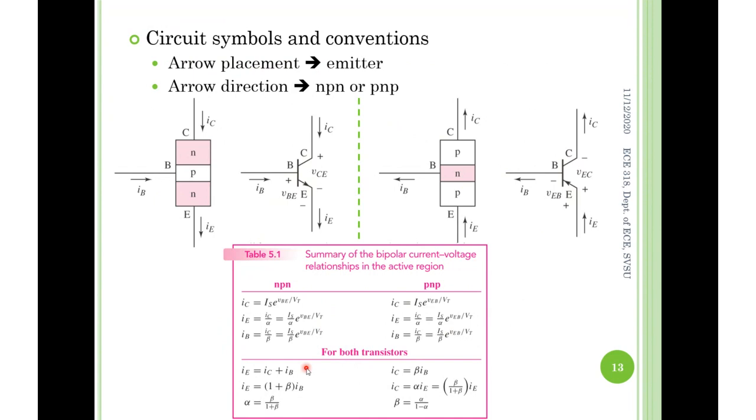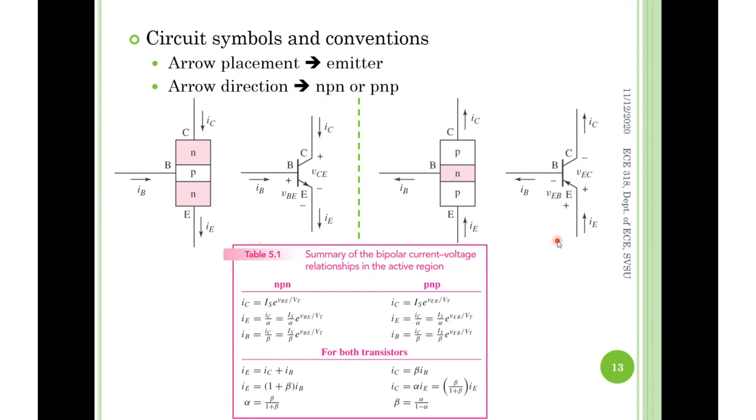Next, the type, NPN or PNP. NPN means your arrow direction is from base towards emitter. PNP means your arrow direction is from the emitter towards base, the other way around. So this is the PNP. I think it's much easier to accept and understand, once again based on the knowledge from MOSFET.